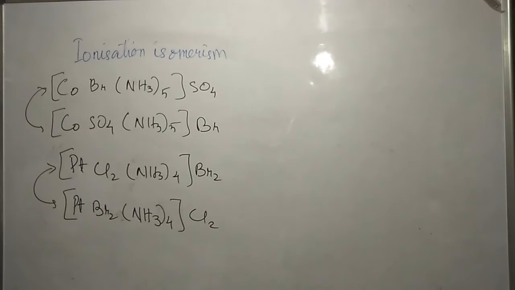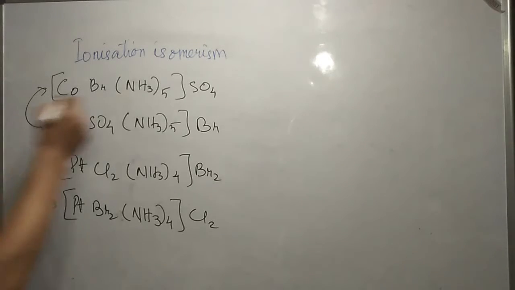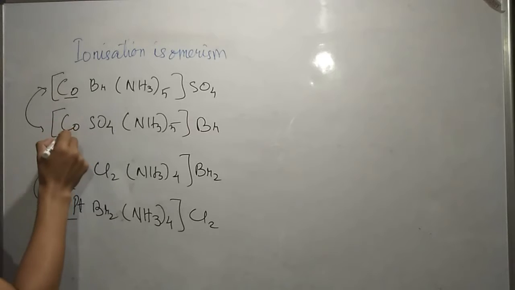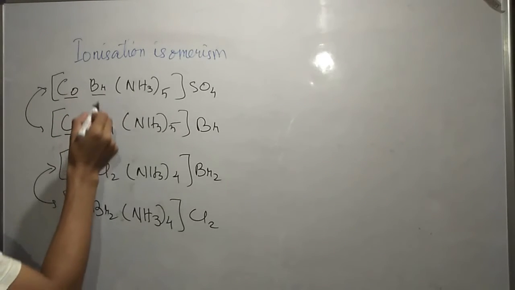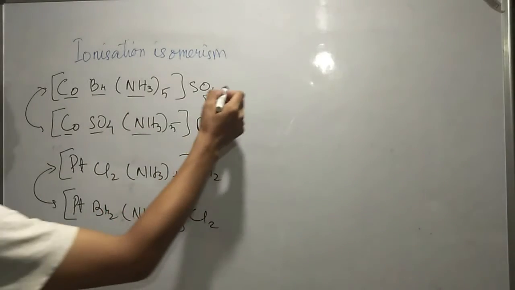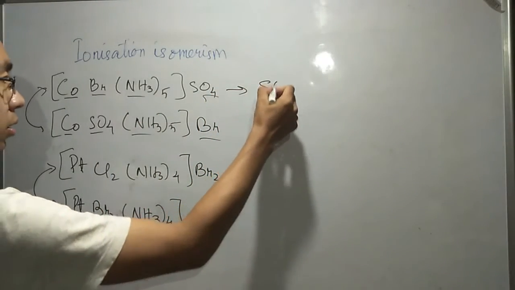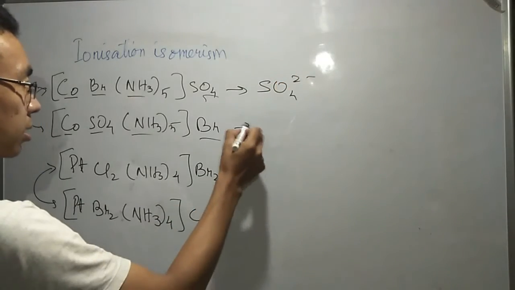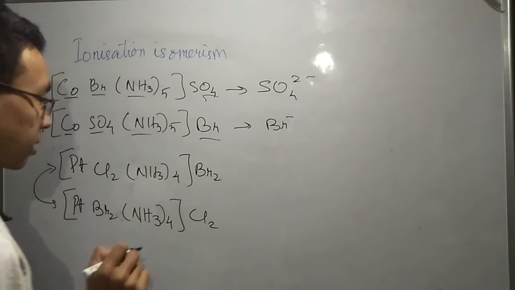The first one is ionization isomerism, which is under structural isomers. Ionization isomers are those which have the same molecular formula but give different ions in solution. For example, these two have the same molecular formula, [Co(NH3)5Br]SO4 and [Co(NH3)5SO4]Br, but in solution the ions they give are SO4 2 minus here and Br minus here.